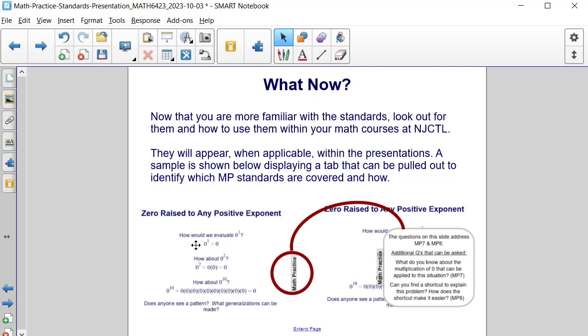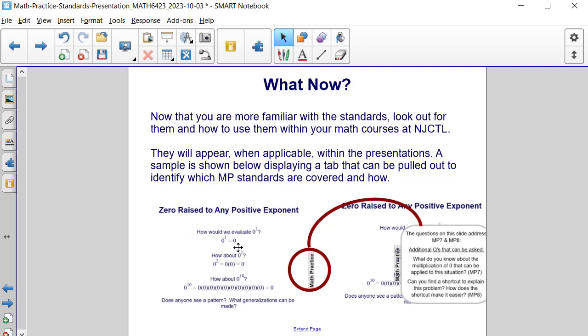If you're using Google Slides or PowerPoint, it will show up first, looking as the screen does on the left, and then when you press the next arrow button, it will pull this tab out, and it contains other questions that you can ask the class while they're solving it.